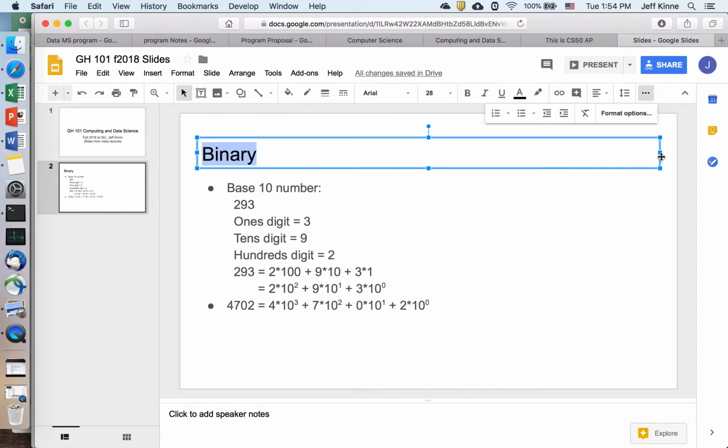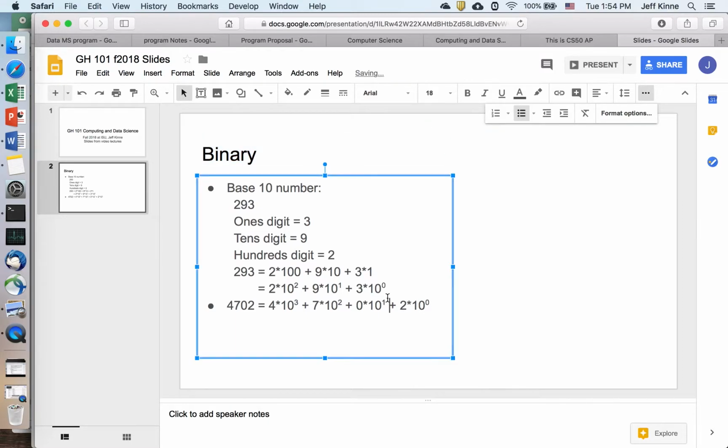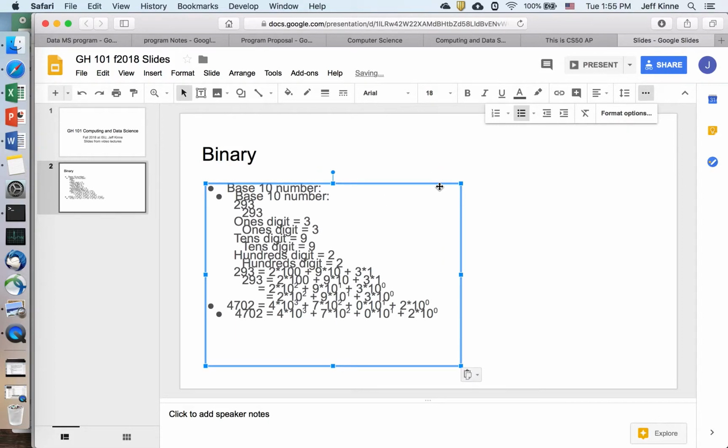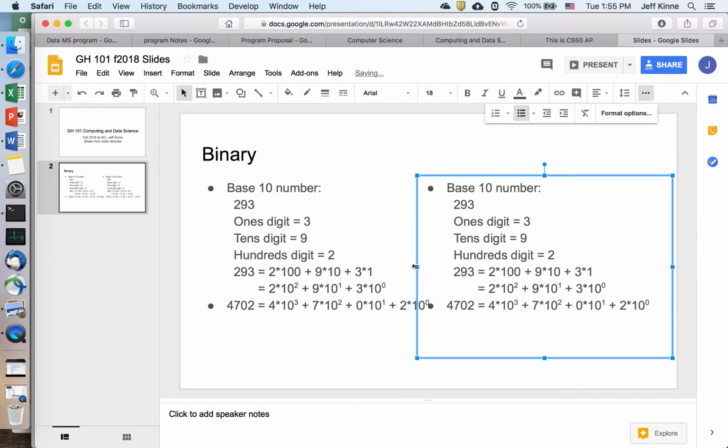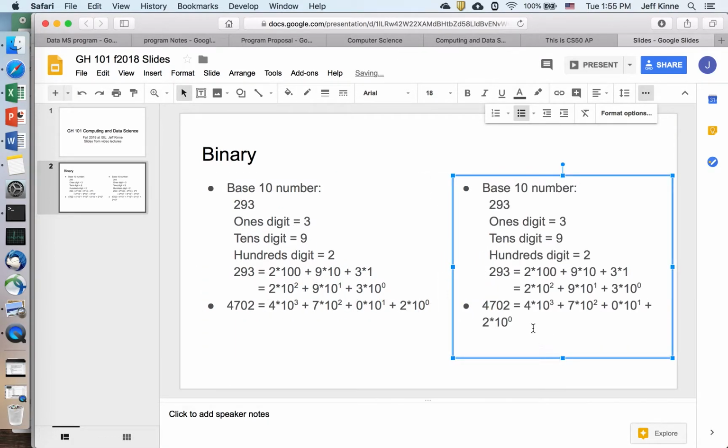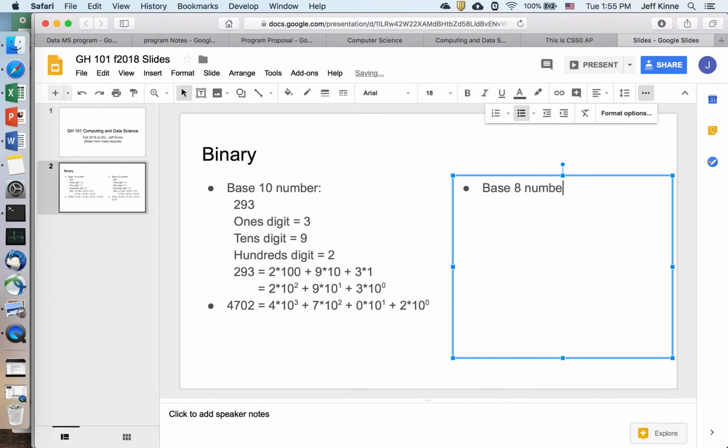So I'm going to give you another one. What would happen if we try to do this, but instead of 10, we put 8 in? So my first example, 293, we can't do this.